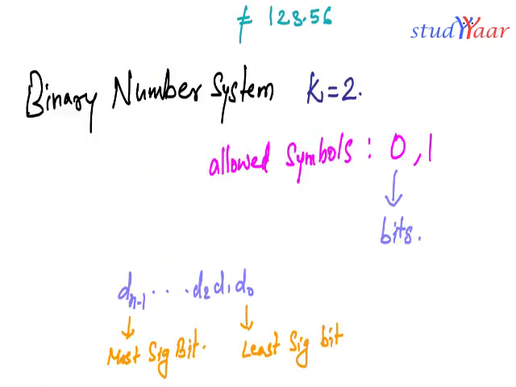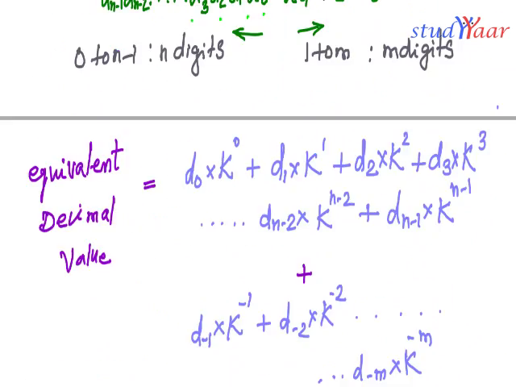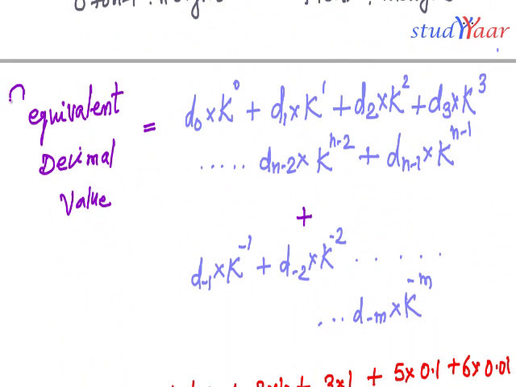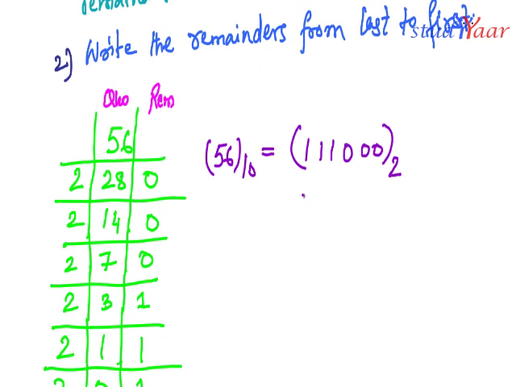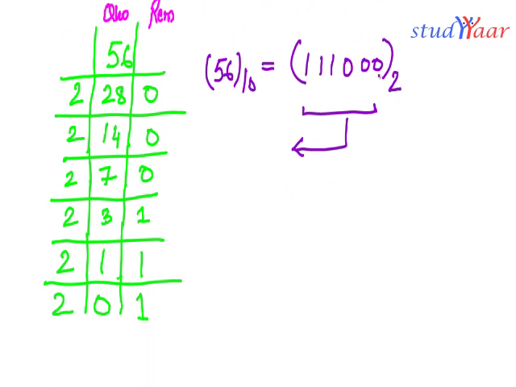I have already given you the equivalent decimal value representation over here. If this is the equivalent binary value, then its equivalent decimal value should be 56. So let's verify this. How do we verify?